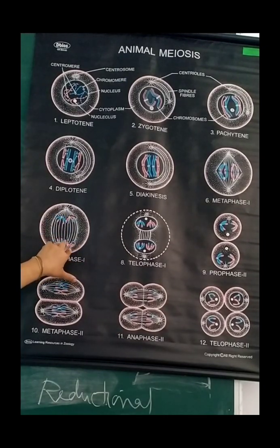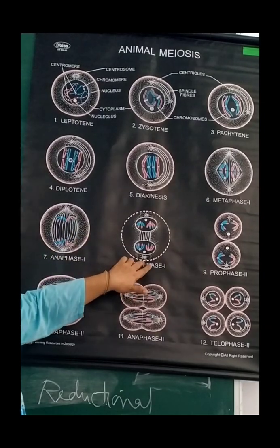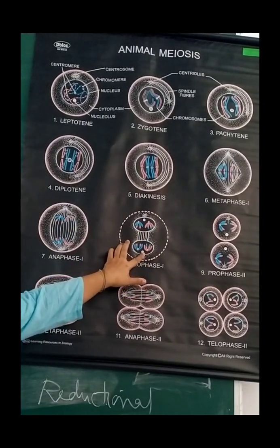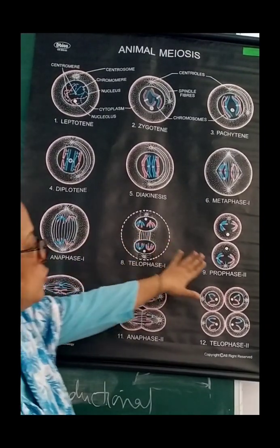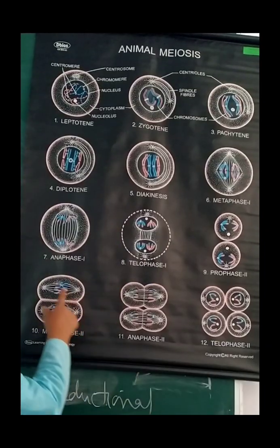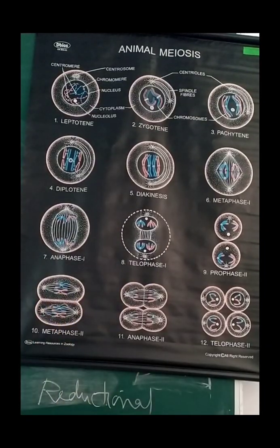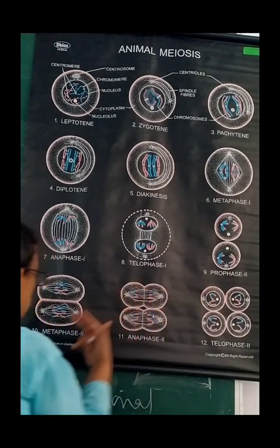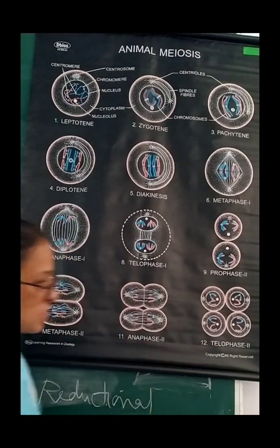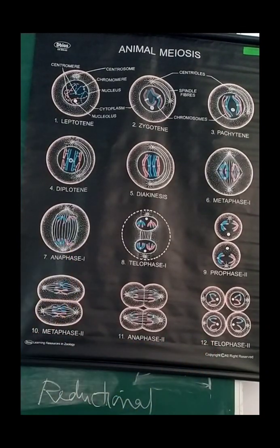Now spindle fibers are proteins, and here in telophase 1 they have already reached, and then immediately two daughter cells are formed. In these 2 daughter cells prophase 2 starts, that is meiosis 2 starts, and meiosis 2 also contains prophase 2, metaphase 2, anaphase 2 and telophase 2, which is a simple type of mitosis.